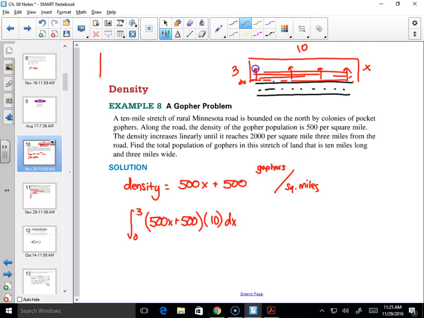If you just think about a graph, if you start at 500 and go to 1,000, 1,500, 2,000 in 1, 2, 3 miles, the slope is going to be, for every mile, it needs to increase 500. It wasn't 3kx, it was 3k because you put 3 in the x. I got it. All right.